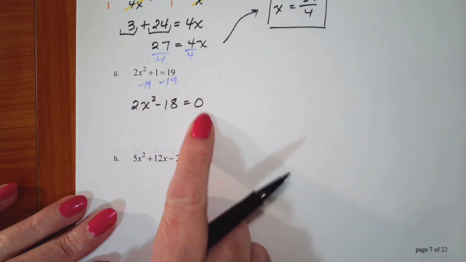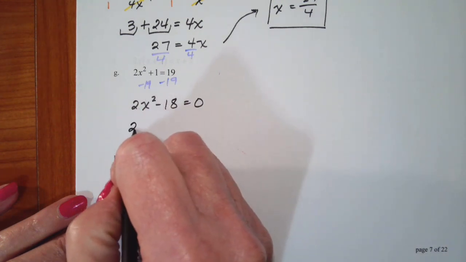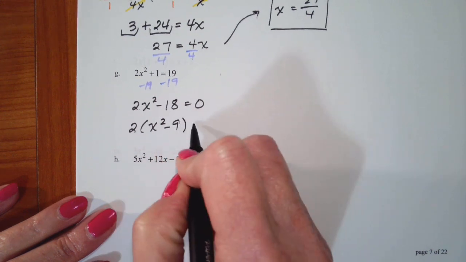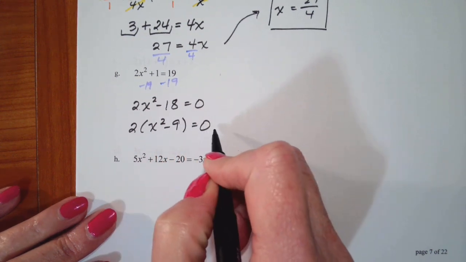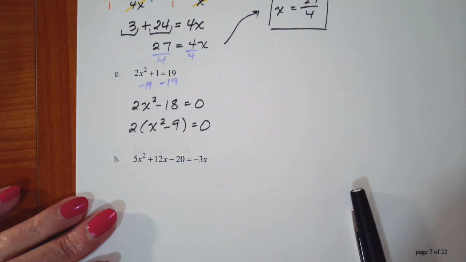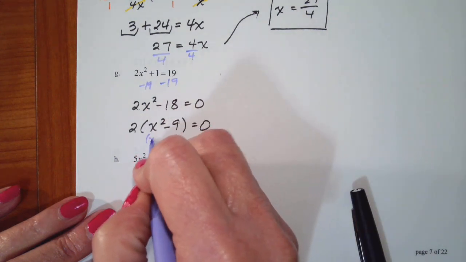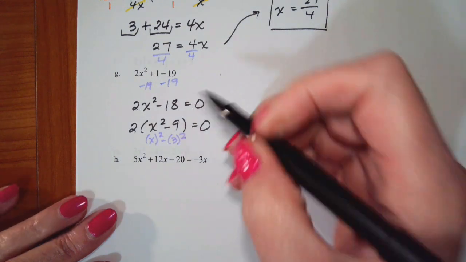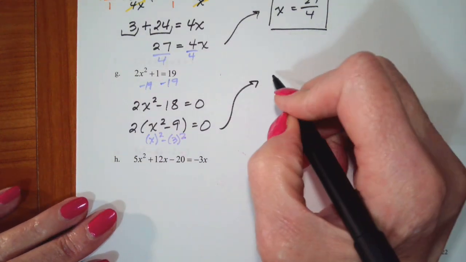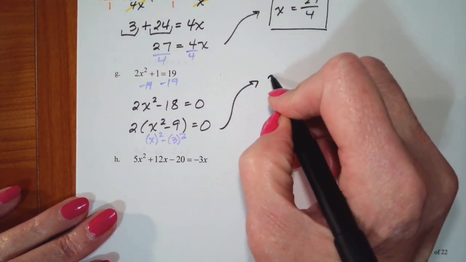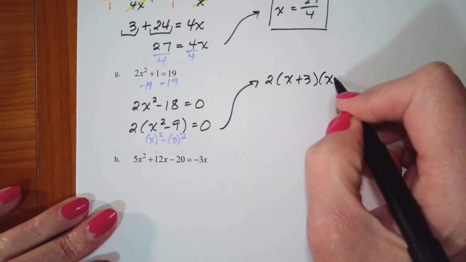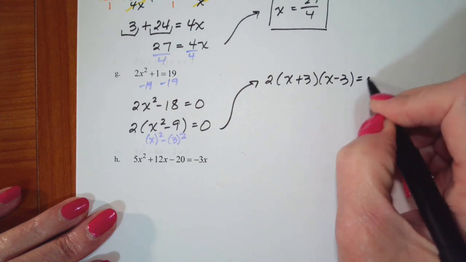Okay, this has a GCF of 2. So I'm left with 2 times x squared minus 9 is equal to 0. This, of course, is x to the second minus 3 to the second. So this becomes 2 times x plus 3 times x minus 3 is equal to 0.